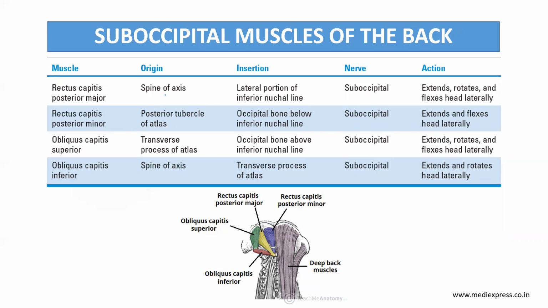Now coming to the origin. Origin of rectus capitis posterior major: it originates from the spine of the axis, and it is inserted to the lateral portion of the inferior nuchal line.